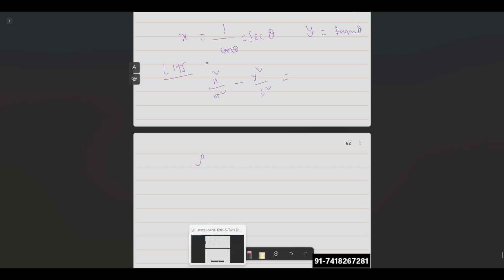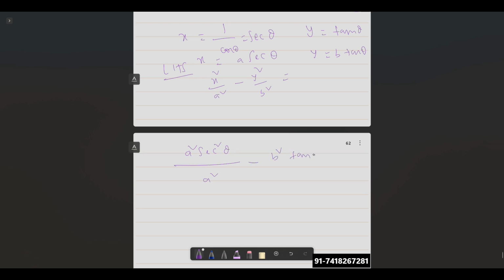So now again we need to introduce stretching. This is a secant theta and this is b tan theta. If you take it like that, this becomes a square secant square theta divided by a square, minus b square tan square theta divided by b square.